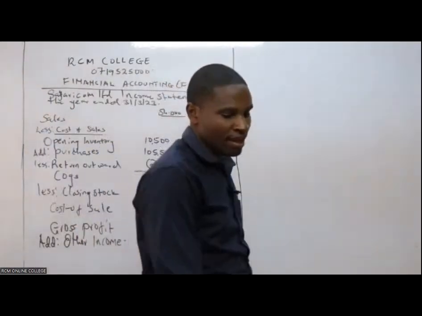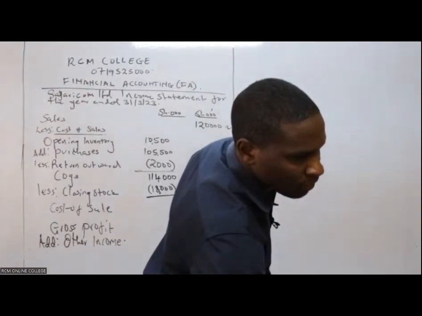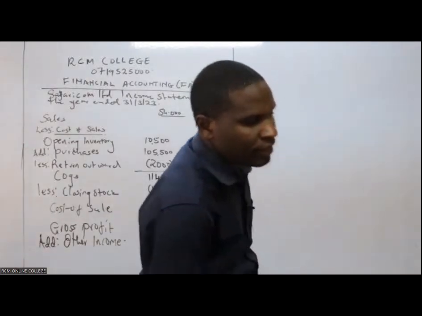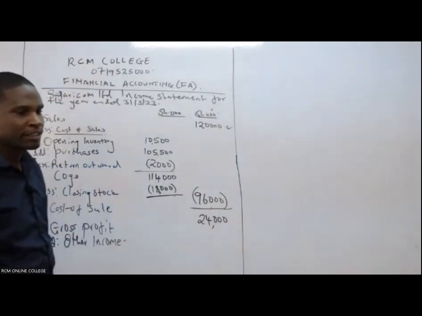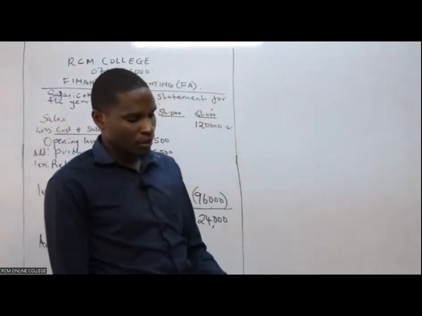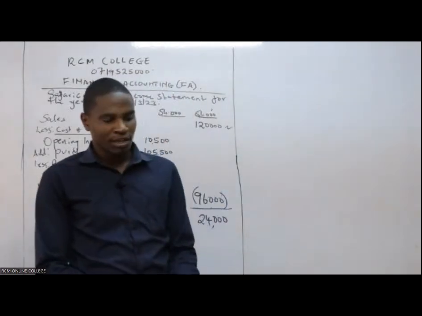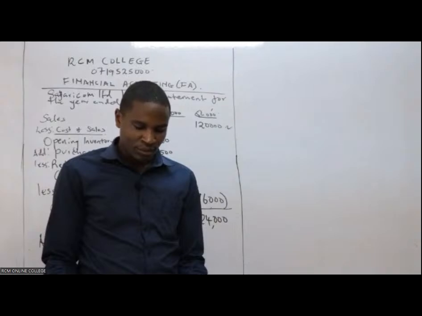Do we have other income? Can you check from the question? I know you have the question. Do we have discount received, and how much is it? If I look at my question, I can clearly see that we had discount received and discount allowed.